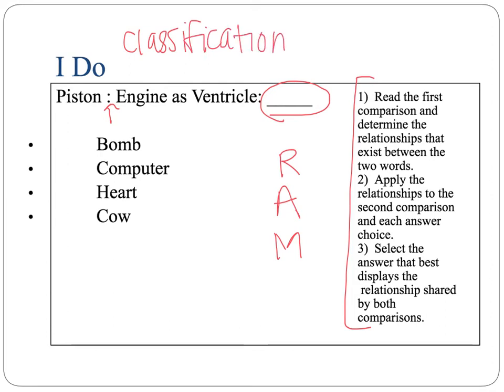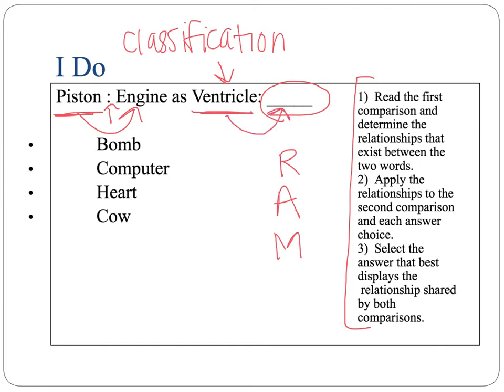So now, based on that, I need to apply classification to ventricle. So the word that came first over here was the part that fits inside of the engine. So I know that ventricle will also fit inside of whatever this is.